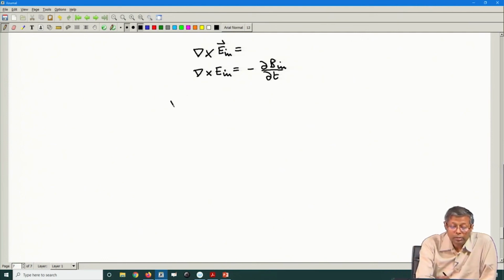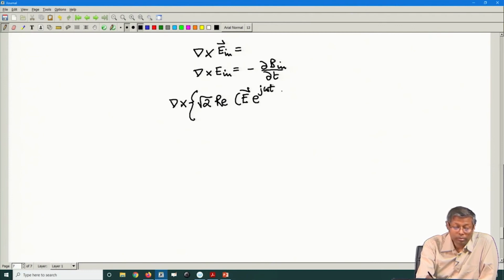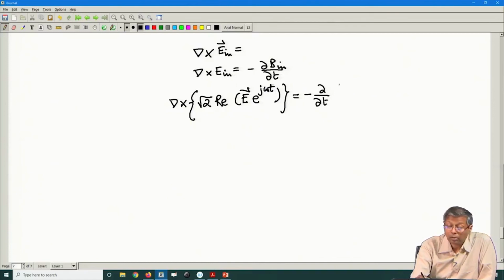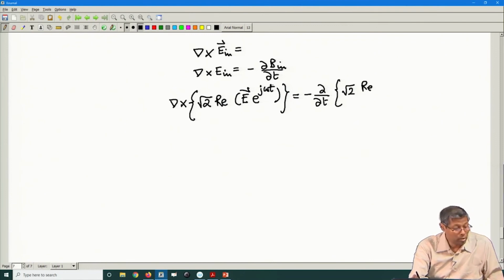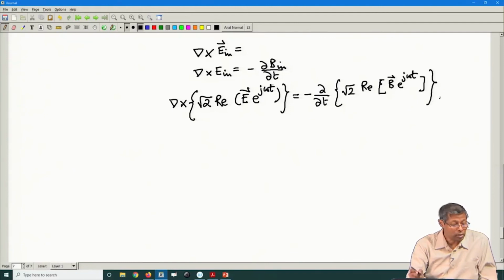So, we can write this as curl of root 2 real part of E e to the power j omega t equal to minus del t of root 2 real part of B e to the power j omega t.